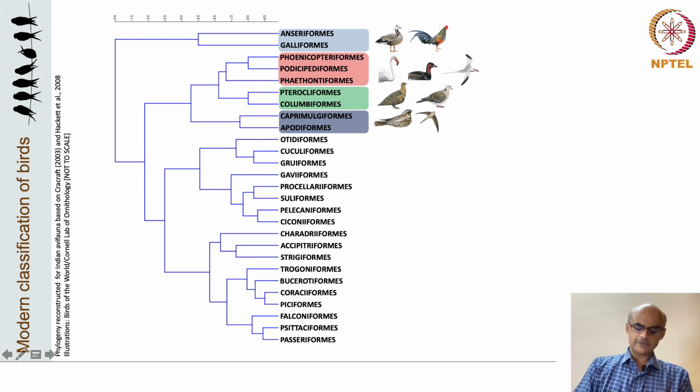Then nightjars of Caprimulgiformes and swifts of Apodiformes are the insectivorous groups of birds often treated in a single order. Some authorities treat them as a single order, Caprimulgiformes, while some split them into two, though they are extremely closely related to each other.